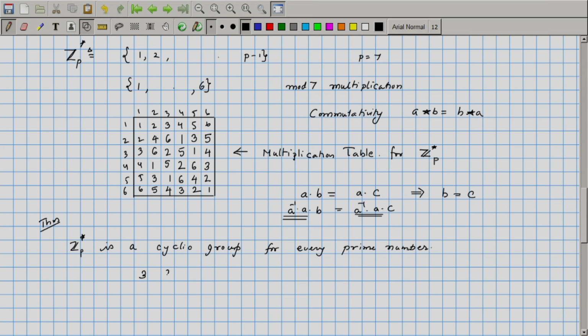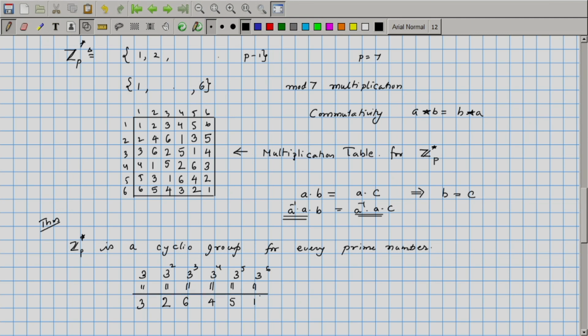Let us compute 3, 3 square, 3 cube, 3 raised to 4, 3 raised to 5 and 3 raised to 6. This is 3, this is 9, which is 2, and 2 into 3 is 6, and 6 into 3 is 18, that is 4, and 4 into 3 is 12, which is 5, and 5 into 3 is 15, which is 1.